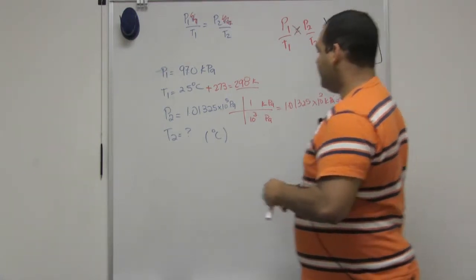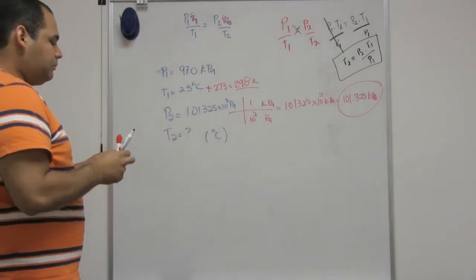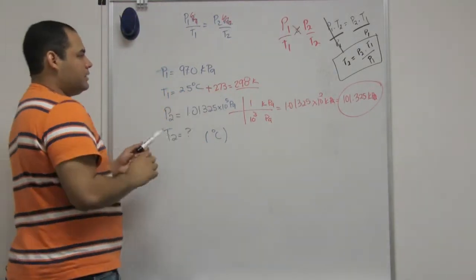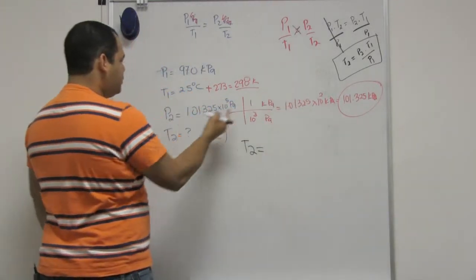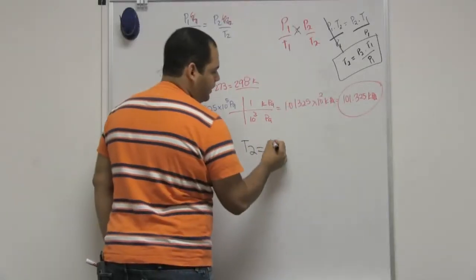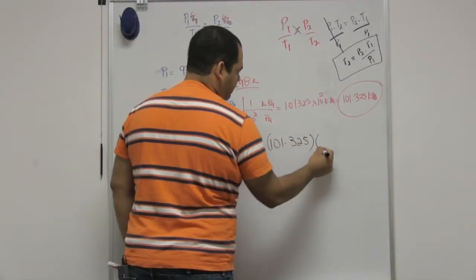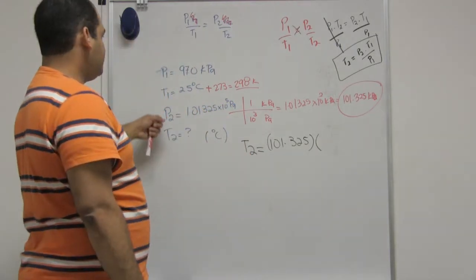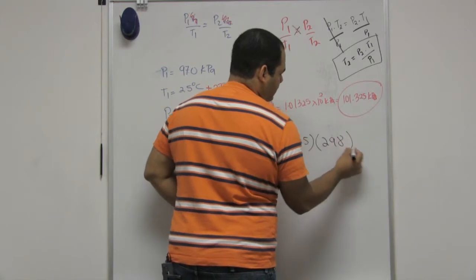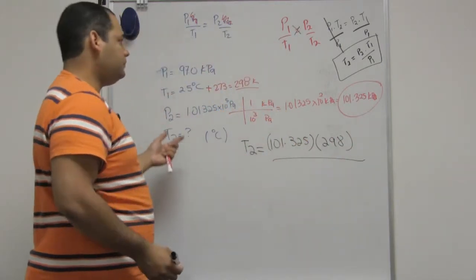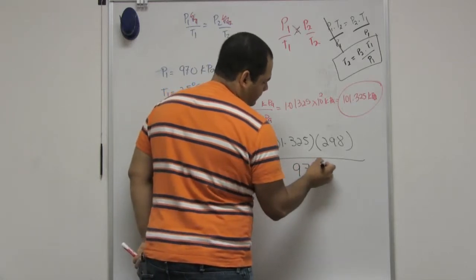Okay? Now that I solved my equation for the unknown that I'm looking for, I just plug in the numbers. So T2 will be equal to pressure 2, which is 101.325, times temperature 1, 298, divided by pressure 1, 97.0.